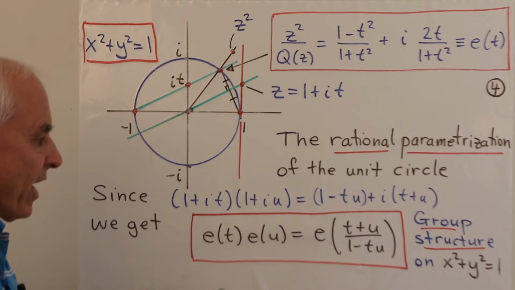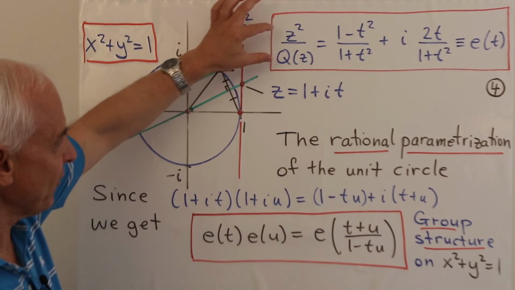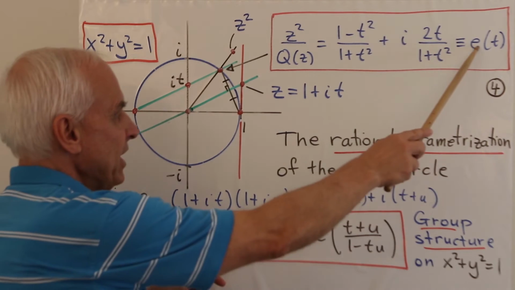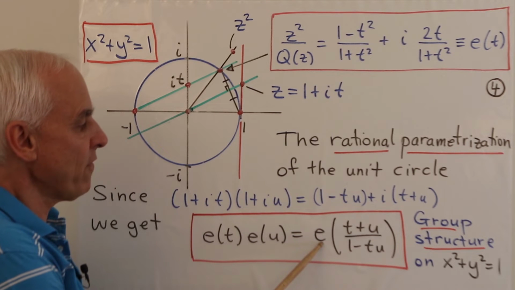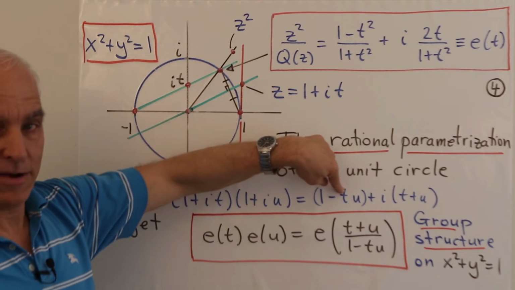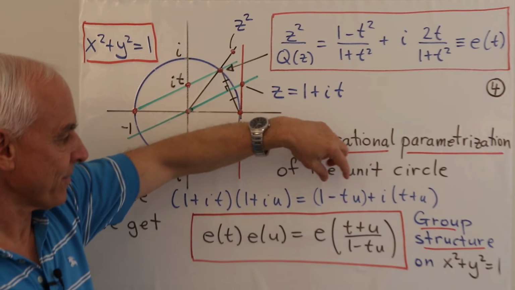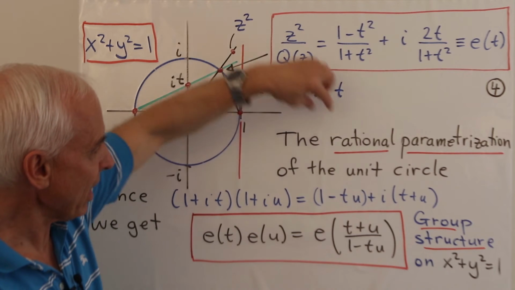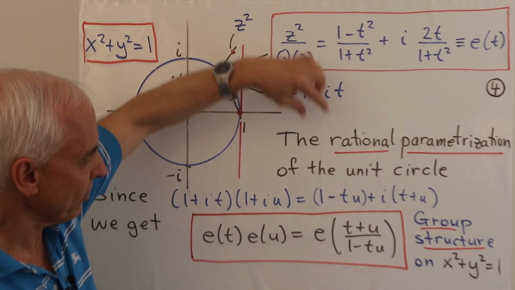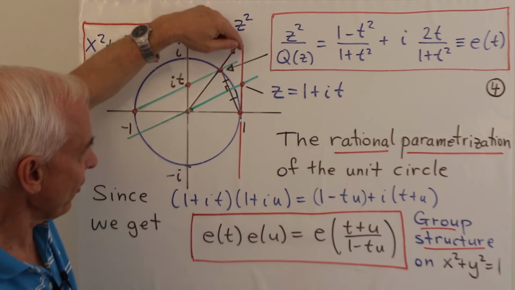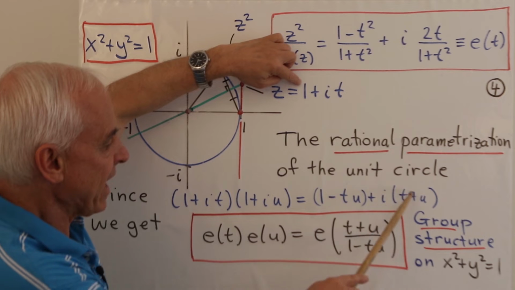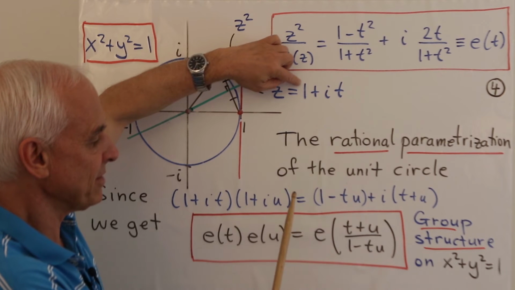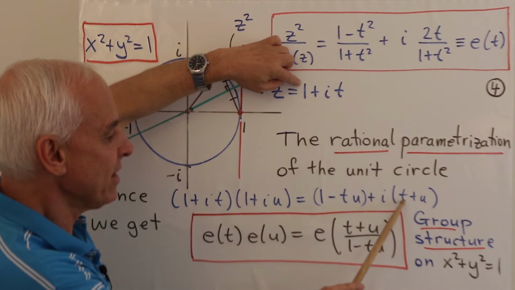Because of this formula here, that tells us that e of t times e of u will be e of this thing. But it's really this thing normalized so it has the same form as this. So in order to normalize it so that it's on this line here, we have to divide by this first term.